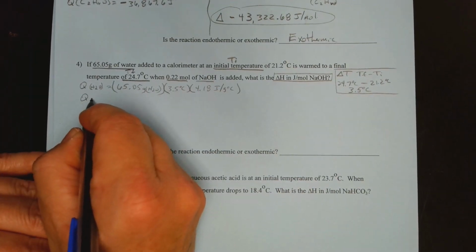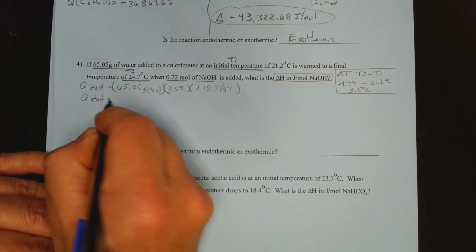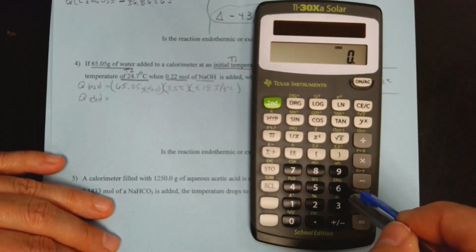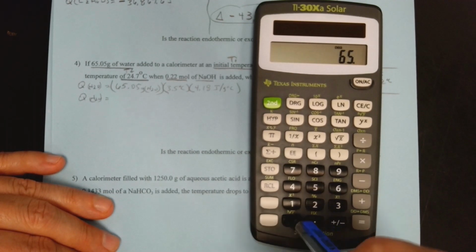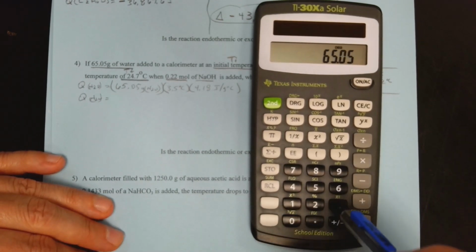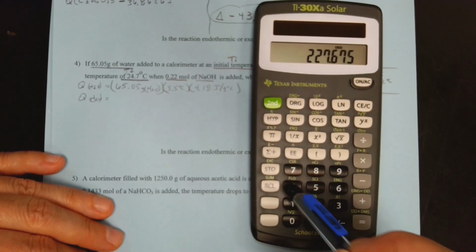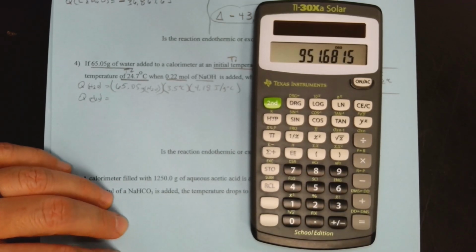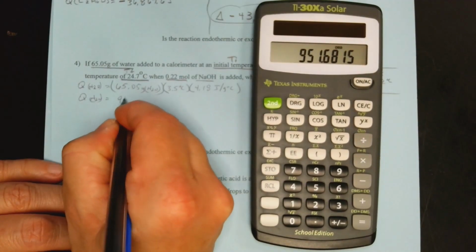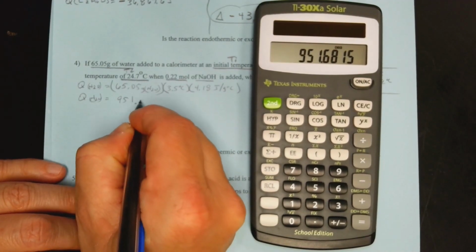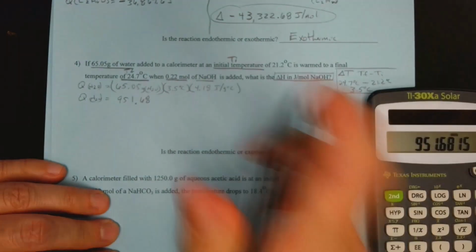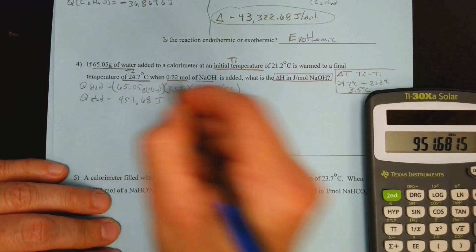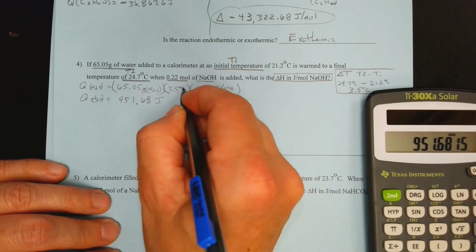And once I figure that out, and again, I'll go ahead and crank that in there for you calculator-wise. So I've got 65.05 grams times 3.5 times 4.18 equals a quantity of 951.68. And again, you guys, my unit's going to be joules because I can cancel out grams, and I can cancel out degrees Celsius.